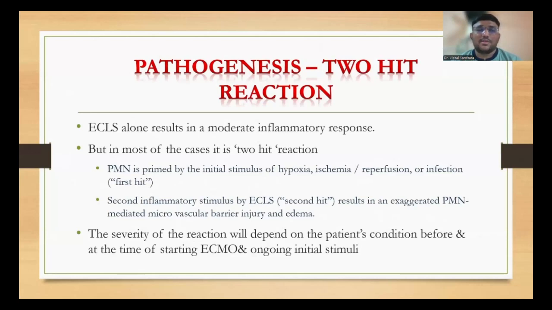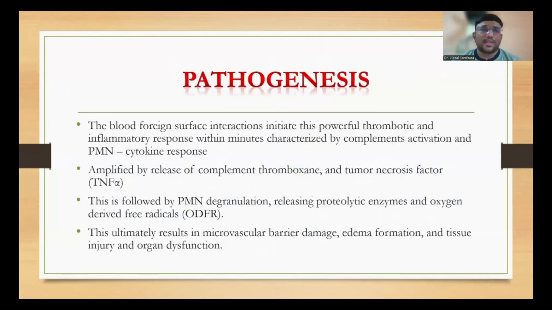The severity of the reaction will depend on the patient's condition before and at the time of starting ECMO, and on ongoing initial stimuli. Blood-foreign surface interactions initiate these powerful thrombotic and inflammatory responses within minutes, characterized by complement activation and PMN cytokine response, amplified by release of thromboxane and tumor necrosis factor alpha, that is TNF alpha.